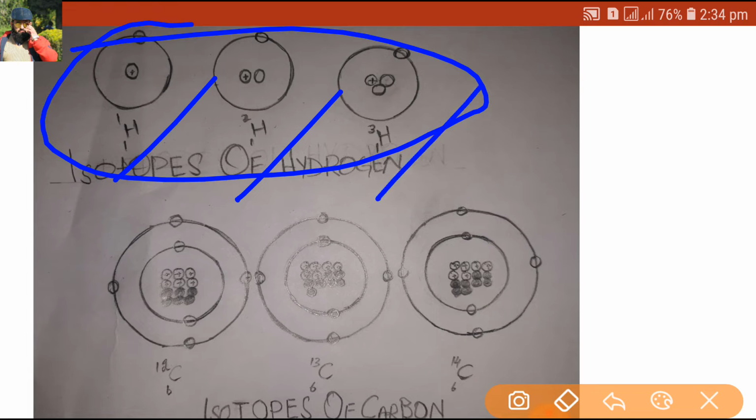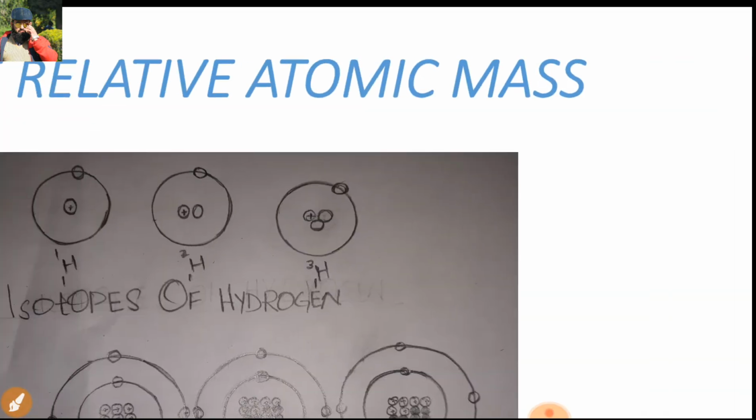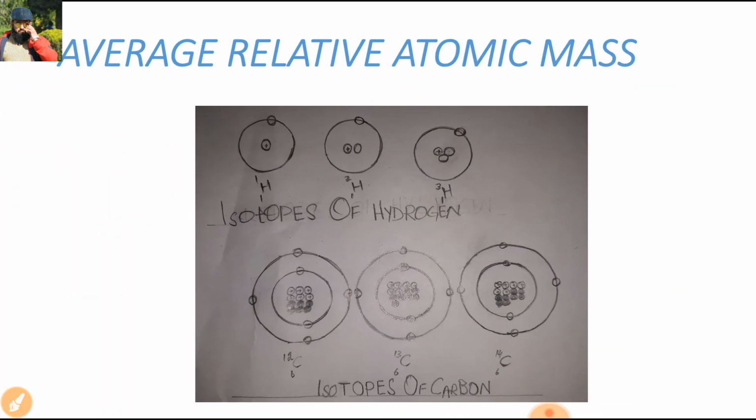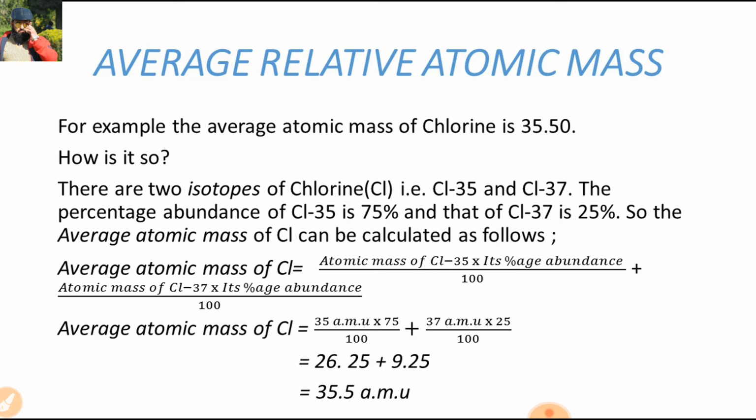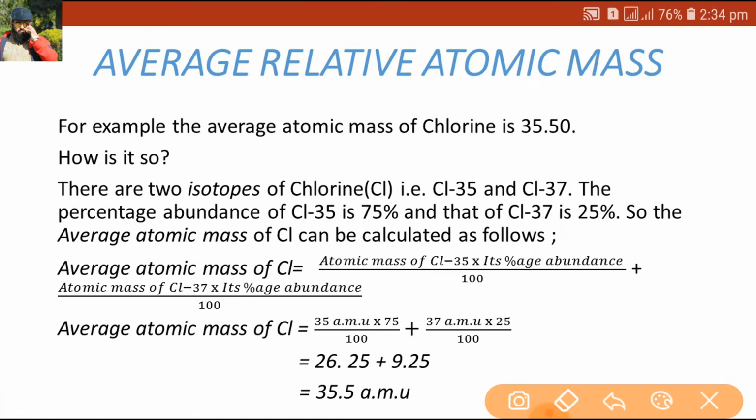These two terms, that is the isotopes and natural abundance of isotopes, are used in determining the average relative atomic mass. For example, the relative atomic mass of chlorine is 35.5.